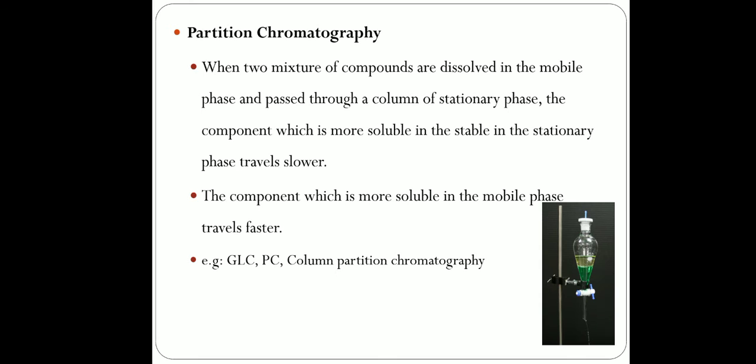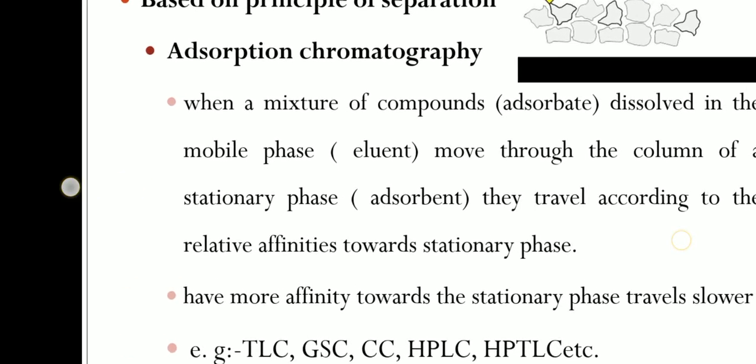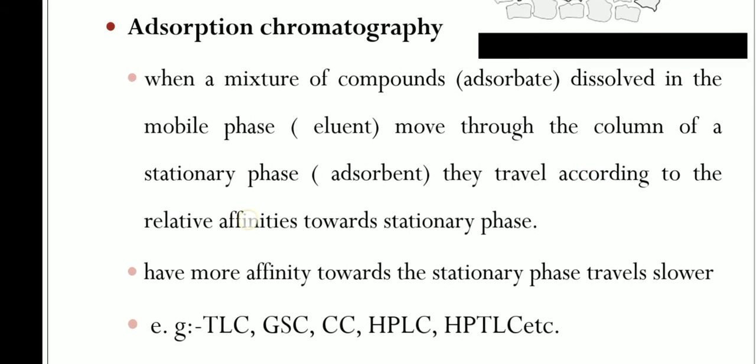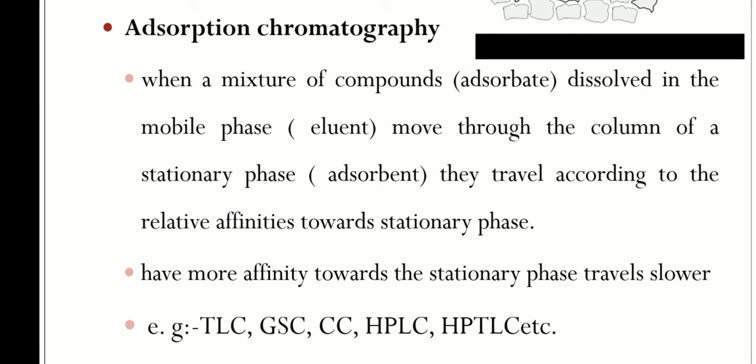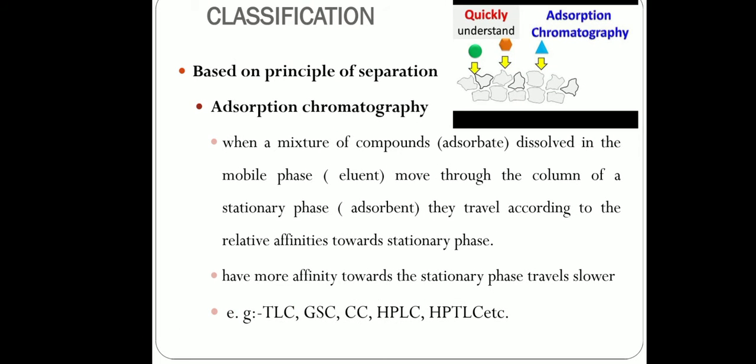So this is the first type of classification based upon the principle of separation. First one is adsorption chromatography, and second one is partition chromatography. In adsorption chromatography, the separation takes place depending upon the relative affinity towards the stationary phase. The component which is having more affinity towards the stationary phase travels slower, and the component which is having less affinity towards the stationary phase travels faster.